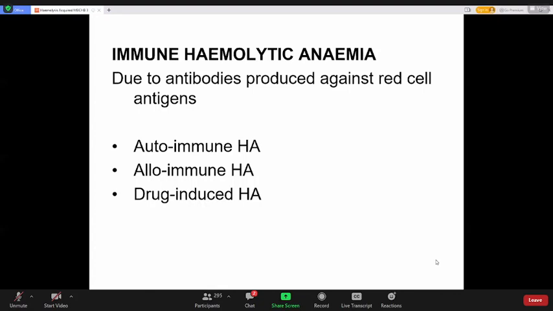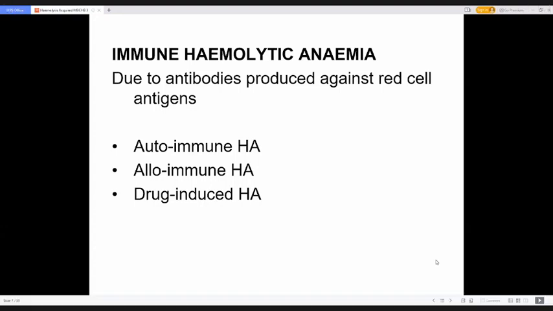It's not so commonly used now because we have newer antihypertensive drugs that are being used. But methyl dopa, when it was being used, it was noticed that patients can develop red cell hemolysis. And it was found out that methyl dopa induces antibodies that cross-react with red cell antigens and cause hemolysis.